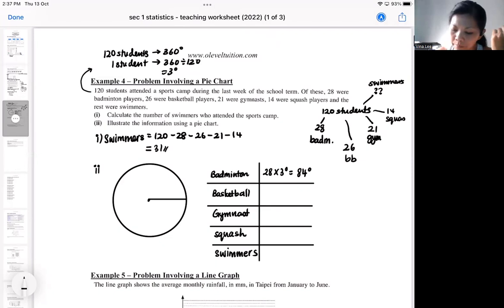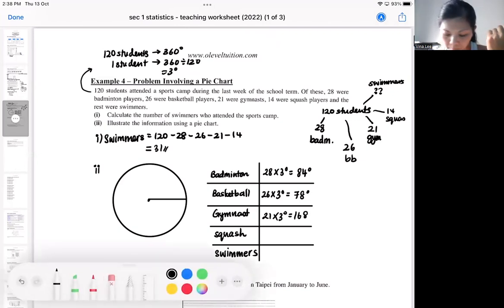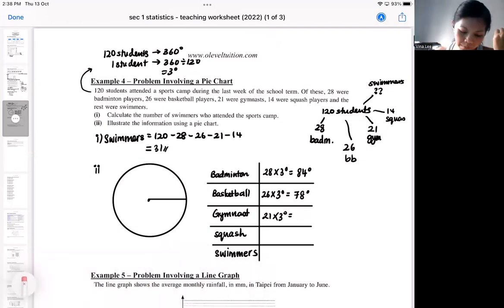So do that for the rest. Get all the angles first.